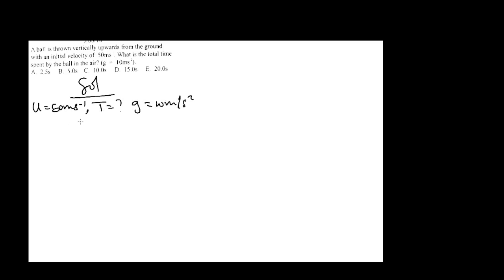What we are to do is that we should recall that T equals 2U divided by g. This particular equation has been proven in the class, so you can just watch the video if you have not taken the class before, so that you understand how we come about this equation.